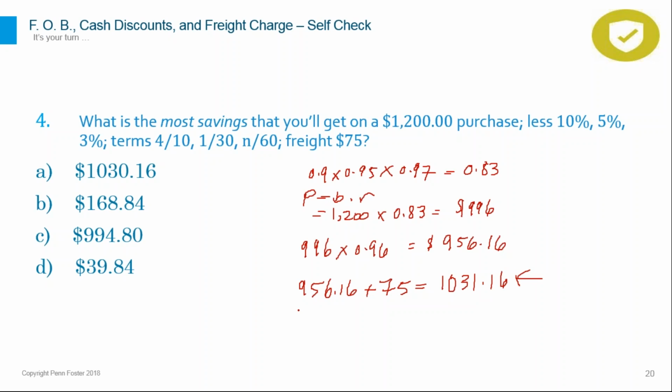So we need to subtract the tag price 1200 minus the end price 1031.16, and that will give you the most savings, $168.84. So the right answer here in this case is B.